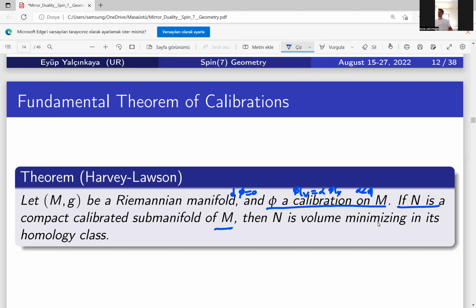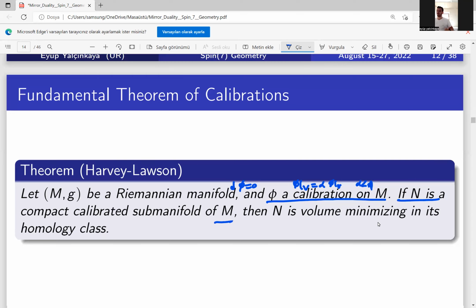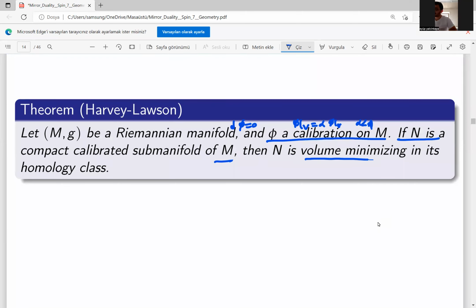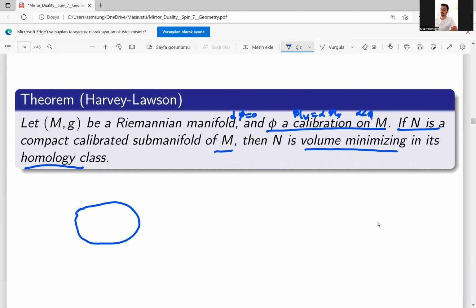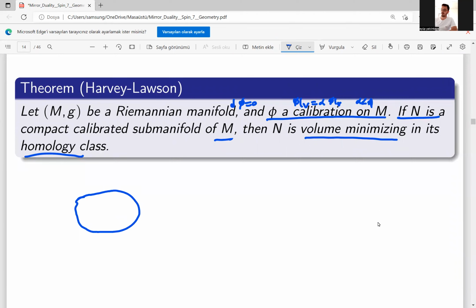Okay, so N is volume minimizing in this homology class. The homology class means, if you don't know this one, it's not so important, but think about that we have chosen the boundary in this homology class.